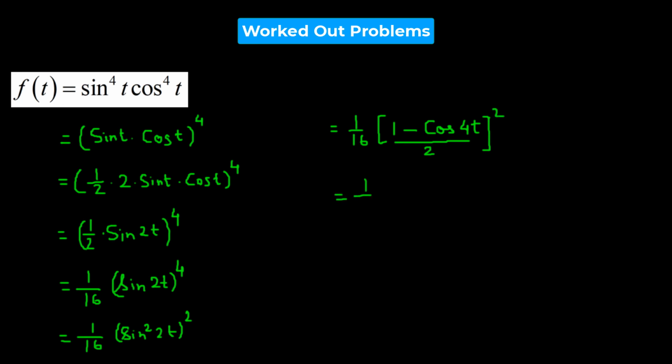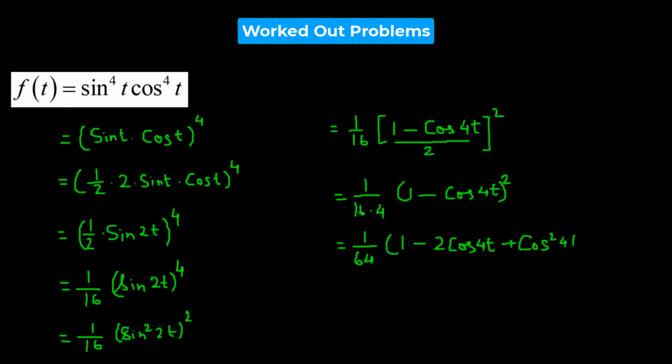So we have 1 over 16 times 2 squared, so that is 4, multiplied by 1 minus cosine of 4t whole squared. So that gives us 1 over 64, and 1 minus cosine of 4t whole squared will be 1 minus 2 times cosine of 4t plus cosine squared 4t.